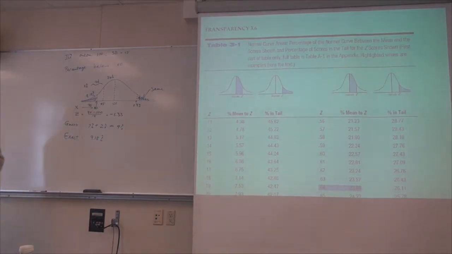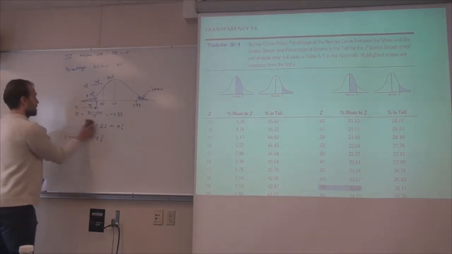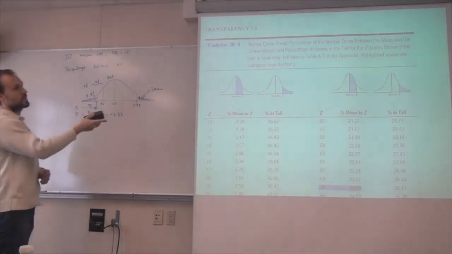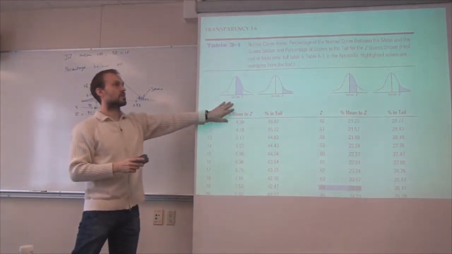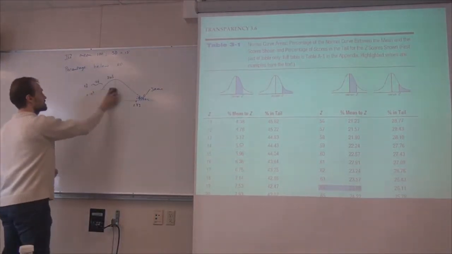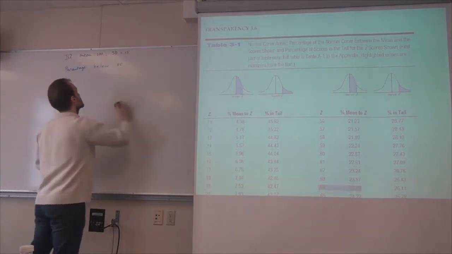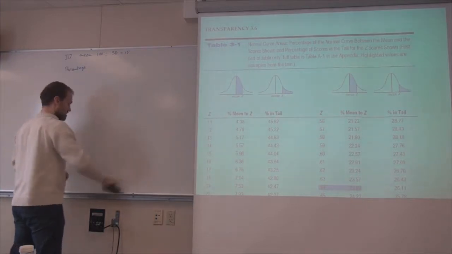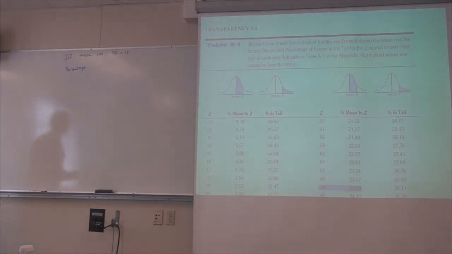Maybe we could do one that's between. Between, absolutely. The nice thing about how the table is set up is that this first column, or the middle column, helps me with that fairly easily. Do you want to come up with an example?